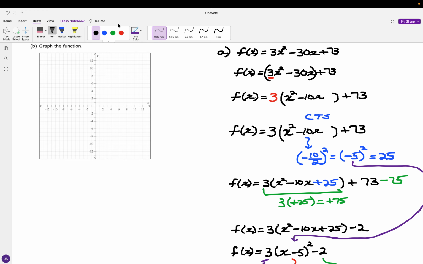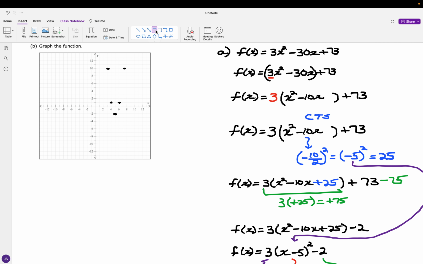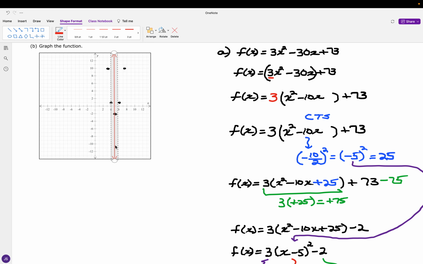So if I graph the function itself, we have 5, negative 2, and again 6, 1, 4, 1, and then 7, 10, as well as 3, 10. And again, not the graph itself, but you do have your axis of symmetry that will cut through the vertex.